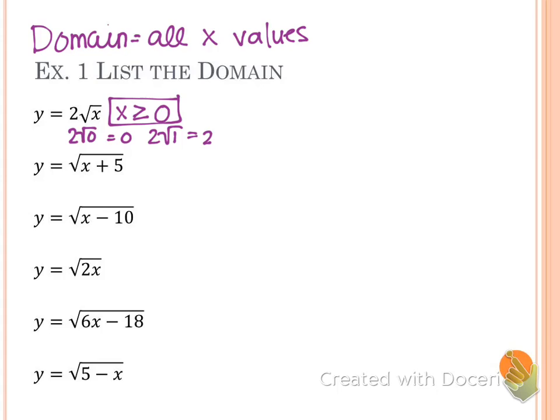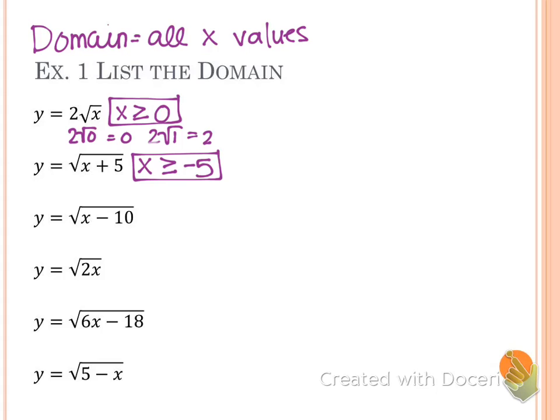Think about it. What do I need to add to 5 in order to equal 0? Negative 5. So as long as x is greater than or equal to negative 5, then that's going to be my domain. Because I can plug in any number that's bigger than negative 5, and I know I'll always end up with either 0 or a positive number underneath that radical.